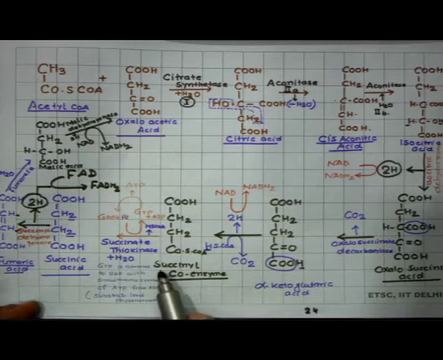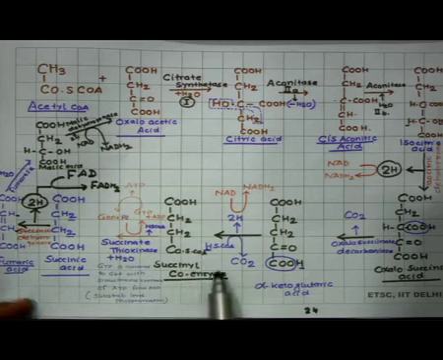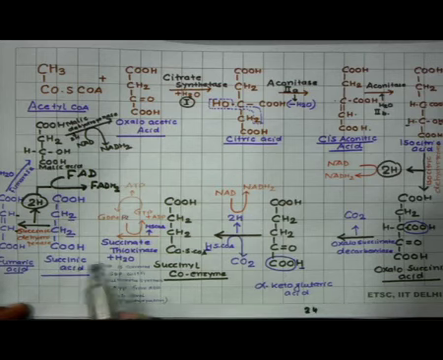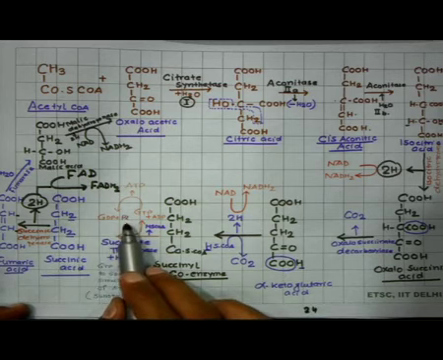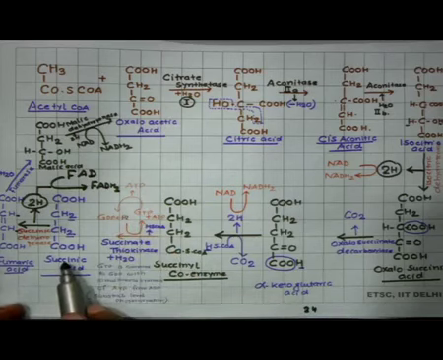Alpha ketoglutaric acid, after the removal of hydrogen and carbon dioxide, forms succinyl coenzyme. Here the substrate level formation of ATP takes place, substrate phosphorylation takes place, and this succinyl coenzyme is converted into succinic acid, and GDP and inorganic phosphate finally form the ATP. From the succinic acid, fumaric acid is formed.